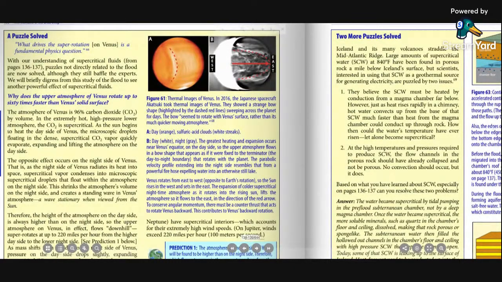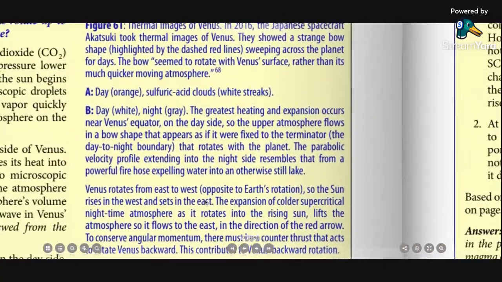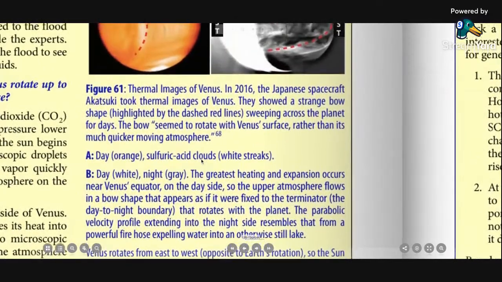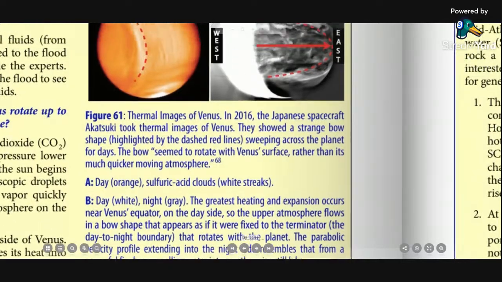The parabolic velocity profile extending into the night side resembles that of a powerful fire hose expelling water into an otherwise still lake.